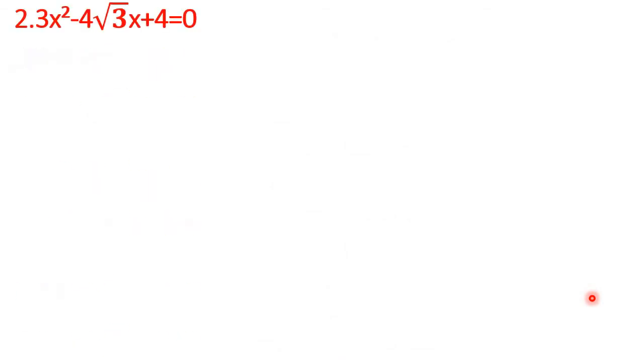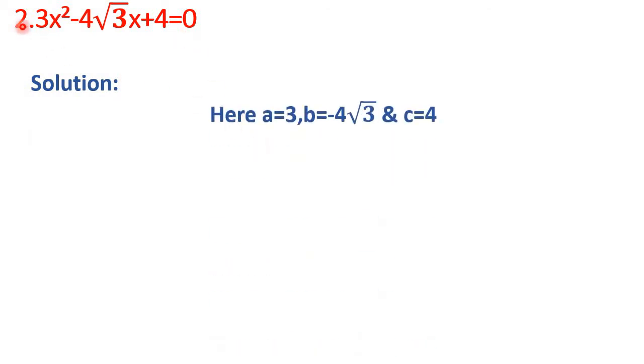Second problem, 3x square minus 4 root 3x plus 4 is equal to 0. So we have to find nature of the roots for the following quadratic equation. Here a is equal to 3 and b is equal to minus 4 root 3 and c is equal to plus 4.